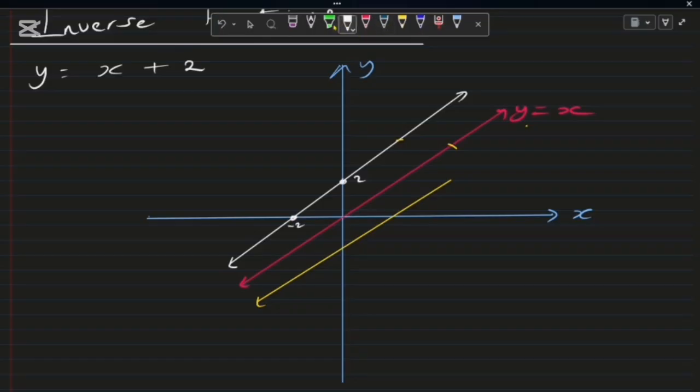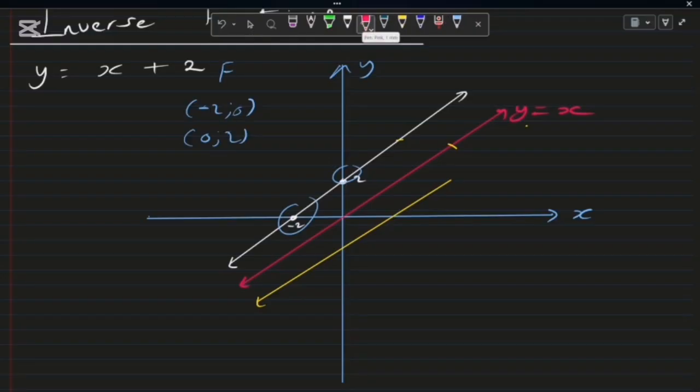We simply look at the points that we have on that graph. We have this point, which is -2 and 0, and then we have that point, which is 0 and 2. Now, these points belong to the function.